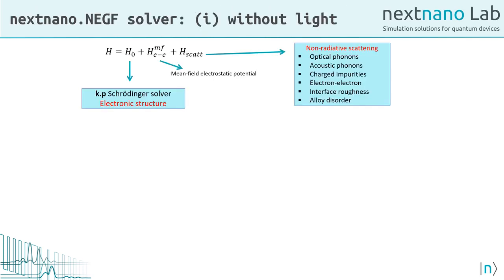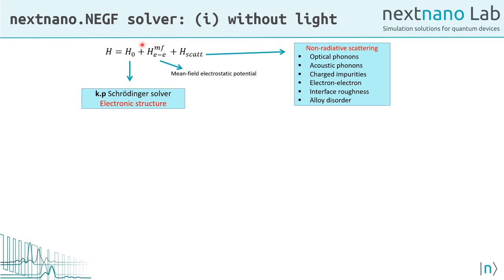So how does this work in practice? If we start from the Hamiltonian of the device, it can be separated into a part H naught, which is the one-carrier Hamiltonian that can be exactly solved through the k.p model.